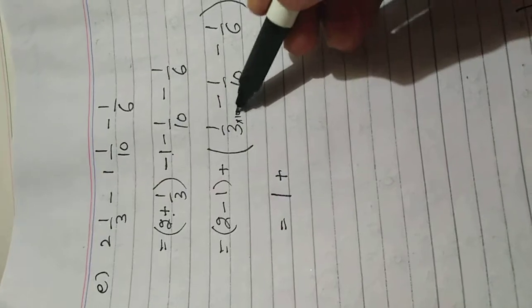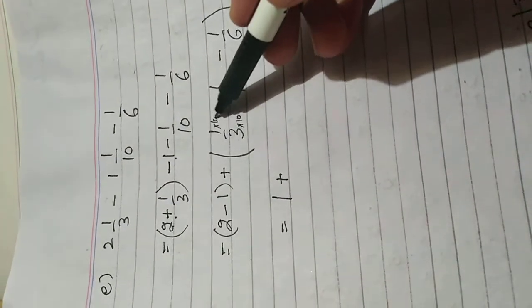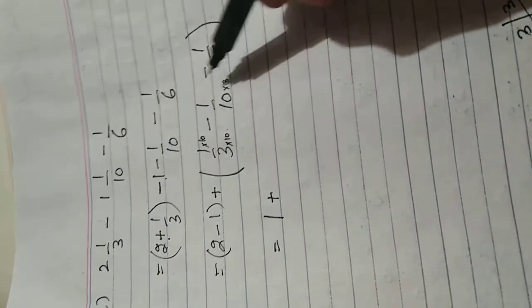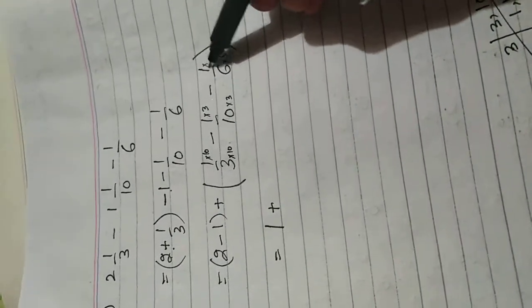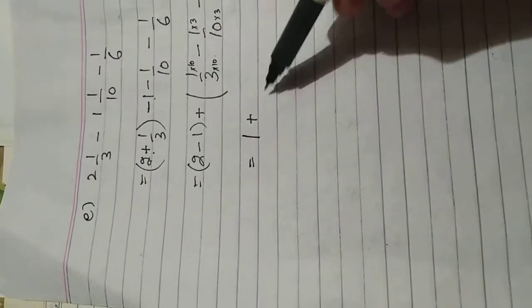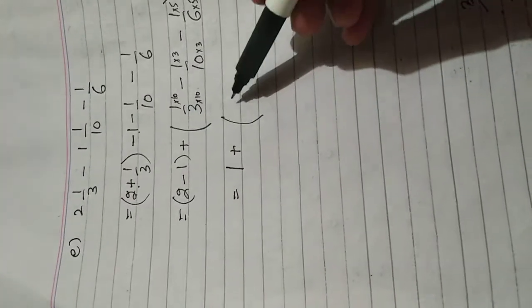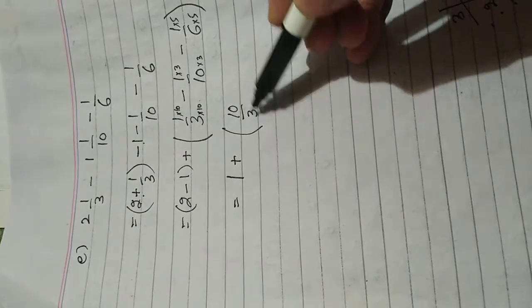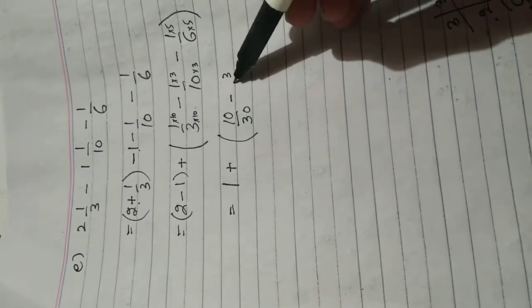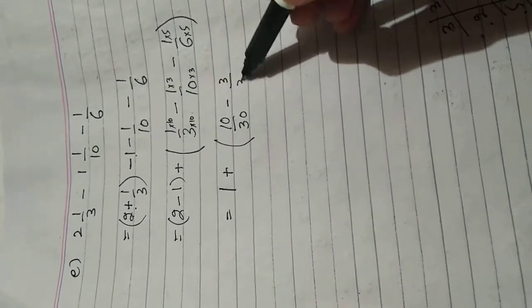So the LCM of 3, 10 and 6 is 30. We will write equivalent fractions of 1 by 3, 1 by 10, 1 by 6 having denominator 30. So 3 10 times 30, 10 3 times 30 and 6 5 times 30.